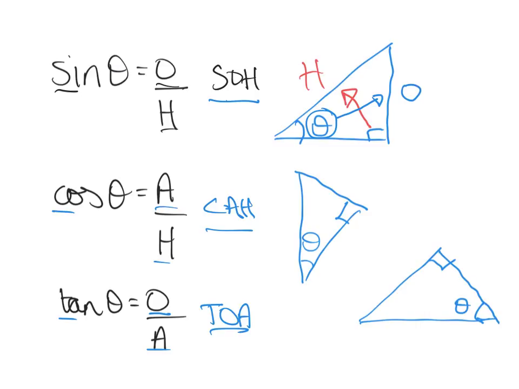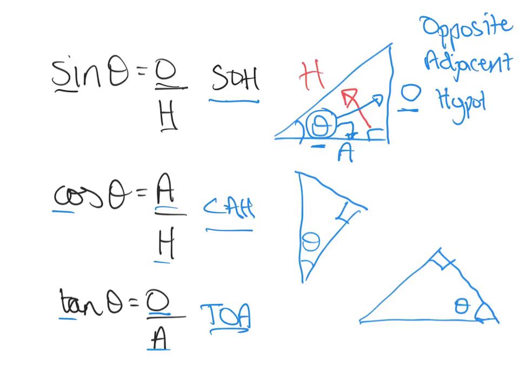You can remember that because opposite the reference angle is the opposite side. Adjacent to, or next to, the reference angle is the adjacent side. So O is for opposite, A is for adjacent, and H is for hypotenuse.